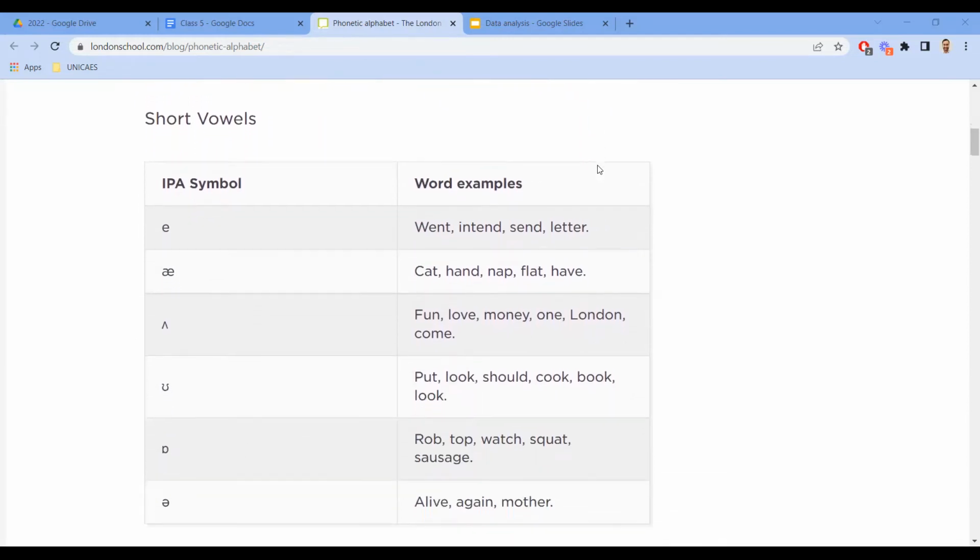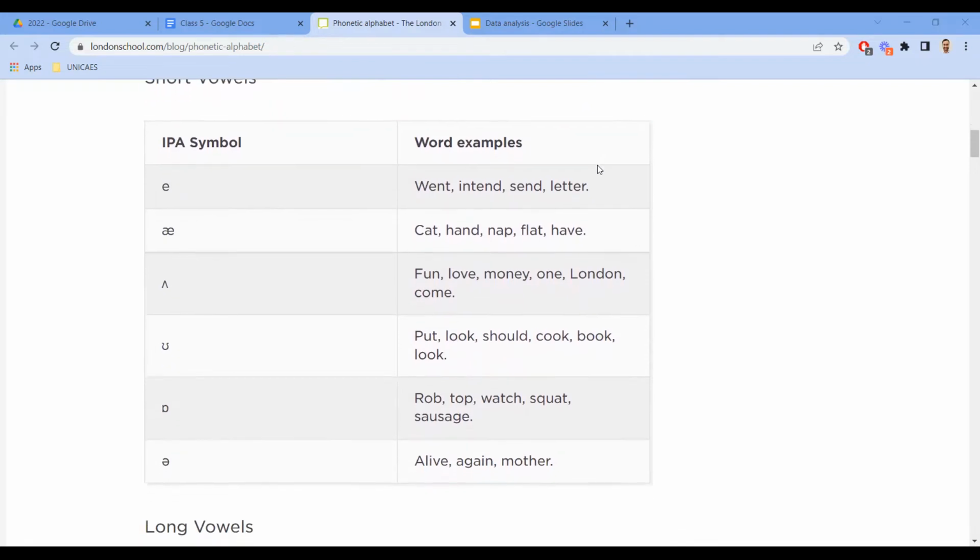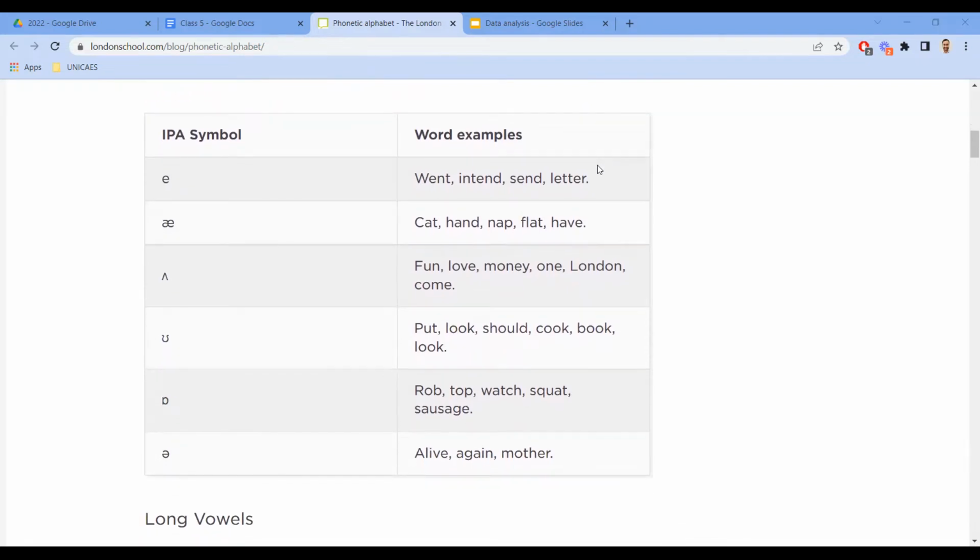So if you want to improve your pronunciation, you need to make sure that you are using the IPA the right way. If I'm teaching English, I'm going to use the IPA just to make sure that I'm pronouncing correctly.